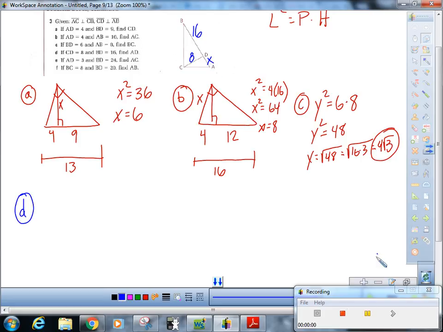Nice. Okay, so 8 squared is 16 times x. So 64 is 16x. So x is 4 in part D. In part E, AD is 3.